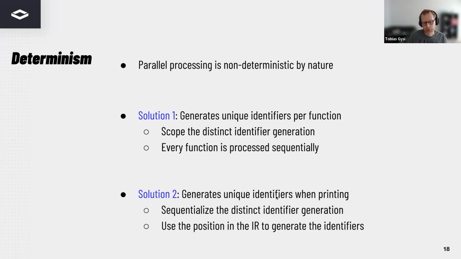And in solution two, we generate the identifiers during printing and use the position in the IR to generate the identifiers. That's another trick to avoid the parallelism, basically.